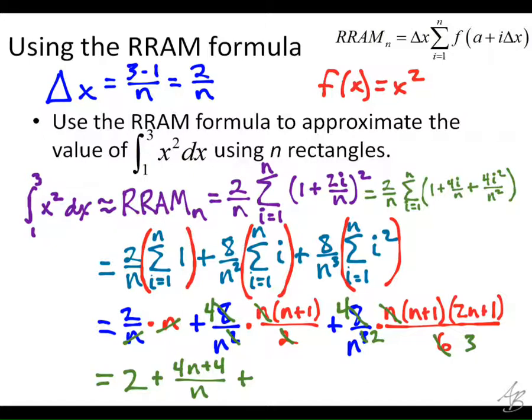So we have 8n squared plus 12n plus 4 all over 3n squared. Thank you. 3n squared.